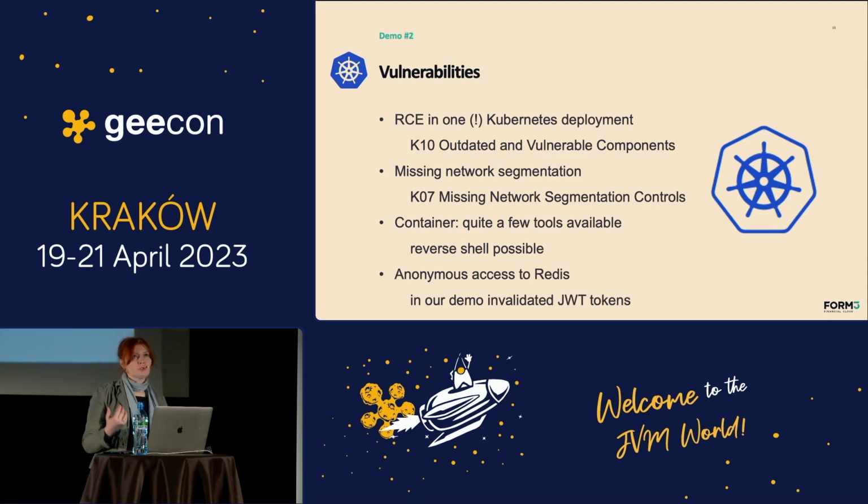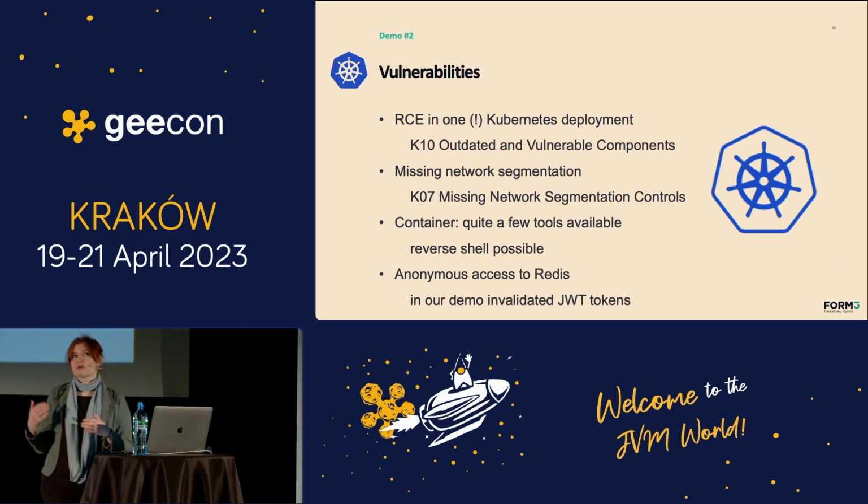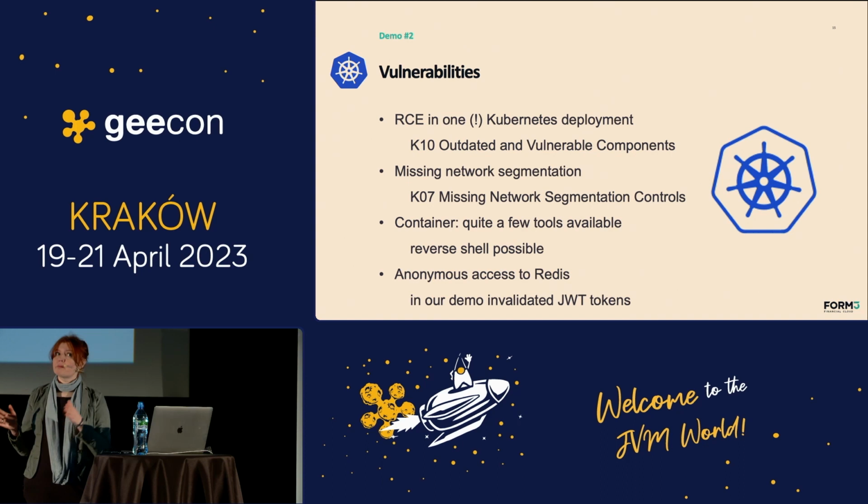So what shall we do here? We need to segregate our workloads based on their sensitivity. It's good to consider whether we need one cluster. Maybe we should split our workloads to two clusters.